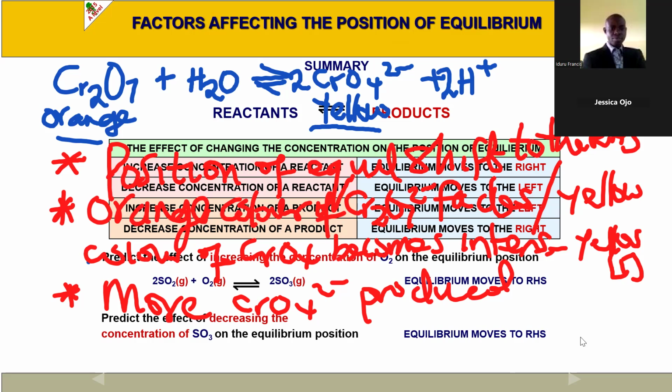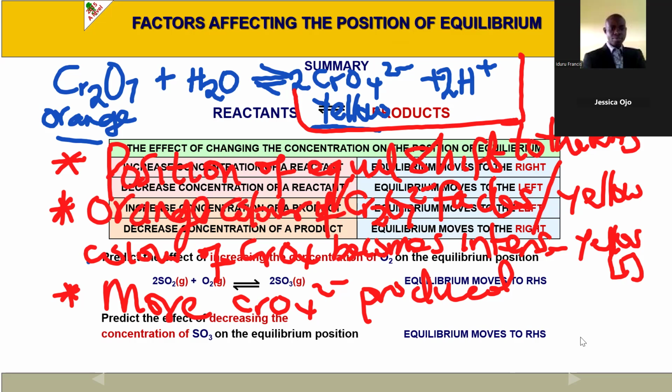They will now ask you, state or mention one reagent that could be used to initiate the backward reaction. You look very well at the product.